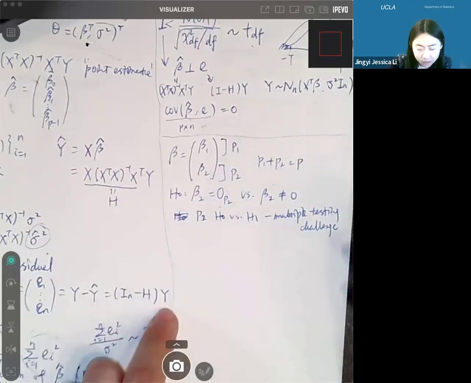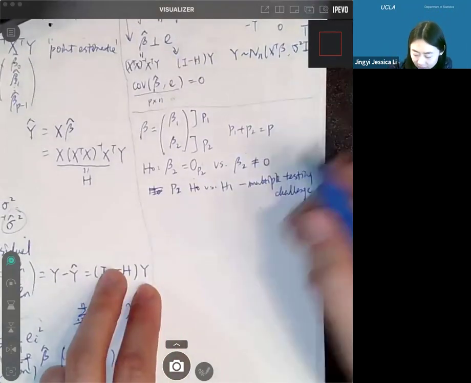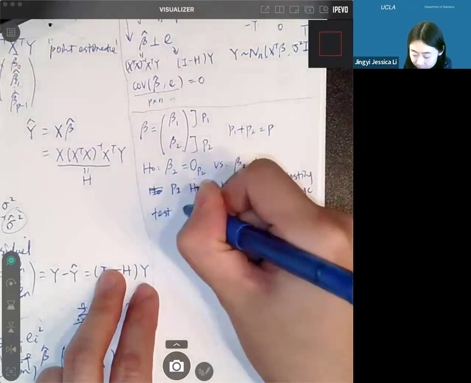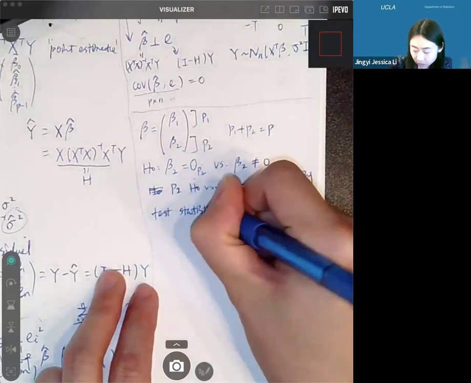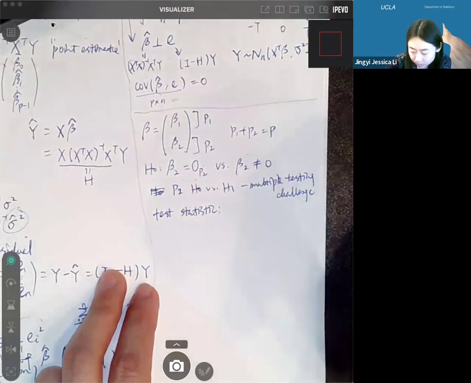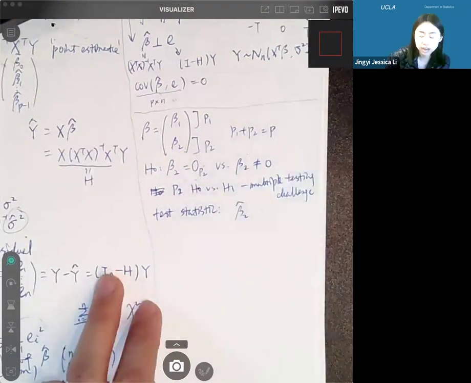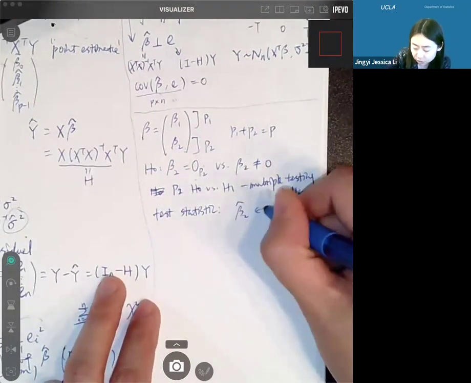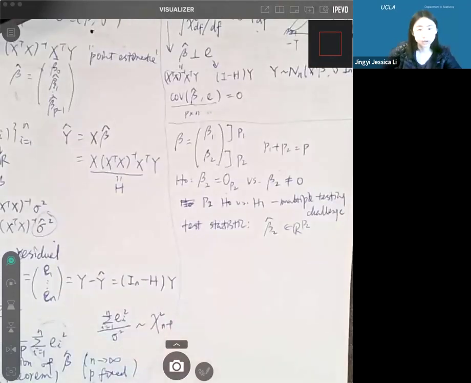For the joint test, clearly the test statistic should involve beta 2 hat, which is P2 dimensional. How can we standardize beta 2 hat, which is a vector, into a scalar-valued statistic? Almost all the test statistics we use are scalar-valued.